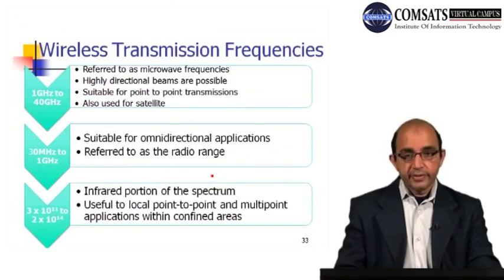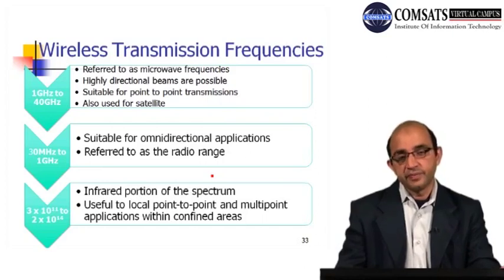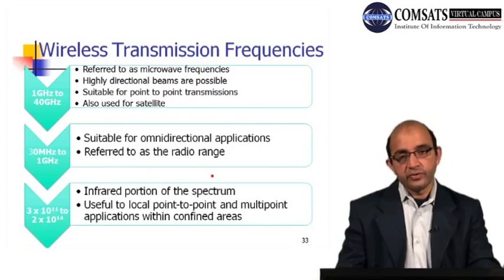Okay, so let's talk about wireless transmission frequencies, right? Before, we discussed guided transmission media, so let's move to the unguided transmission media, right? That is the wireless transmission media. We should be aware of the frequencies that it supports, right?